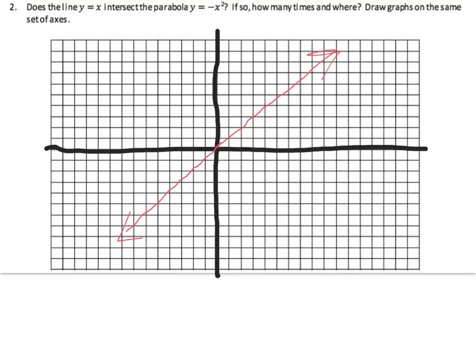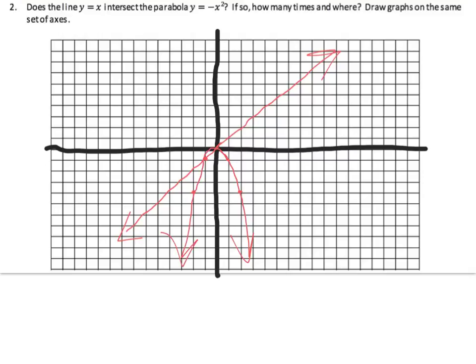Okay, not bad. I plotted a few points. When x equals 1, y equals 1. When x equals negative 1, y equals negative 1. Get that straight. Draw a really basic parabola.